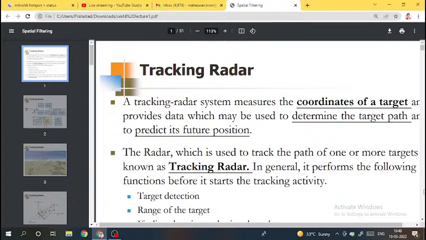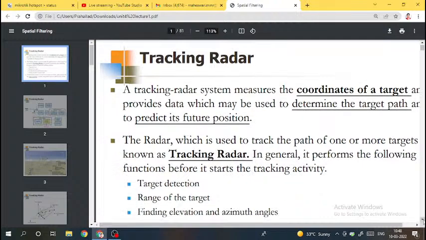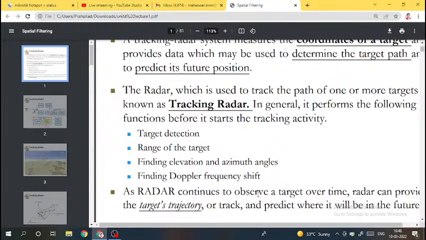In order to find exactly the position of the target, from tracking radars you can find four parameters. One is the range of the target, and you can find the elevation and azimuth angles. Finding the elevation and azimuth angles will give you the exact location of the target.